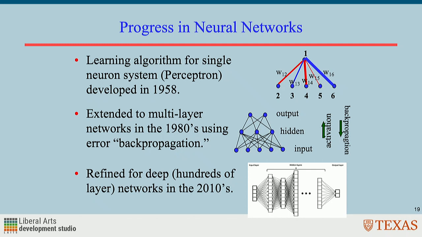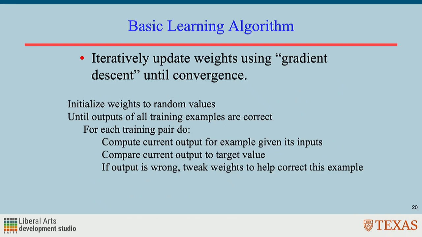And slowly techniques for doing that, and having the data and the compute to actually do that, developed throughout the 2010s and up to the current day. And that's why things are called deep learning, because we can now train neural networks that are hundreds of layers deep, rather than just the one layer that we were able to train in the 50s.